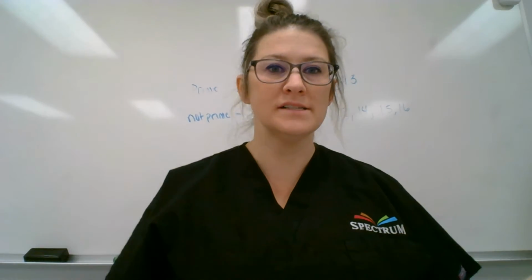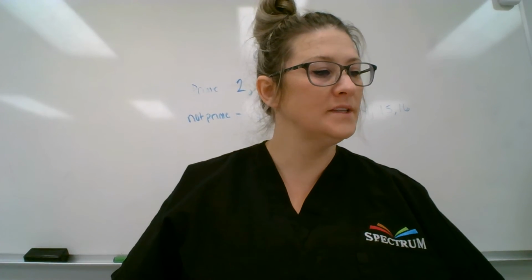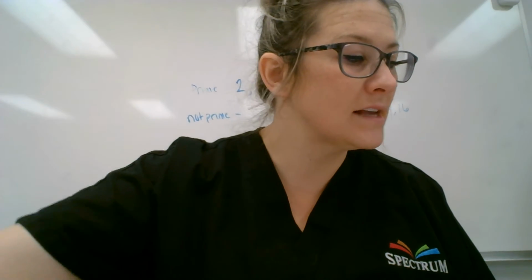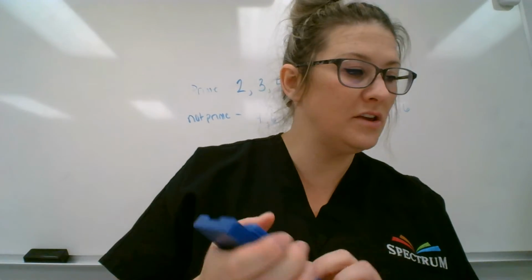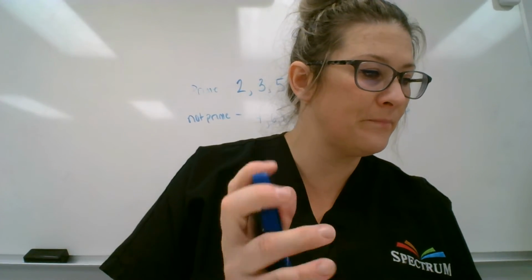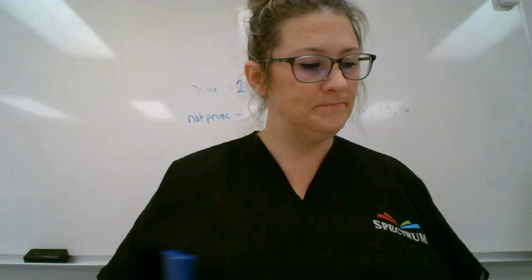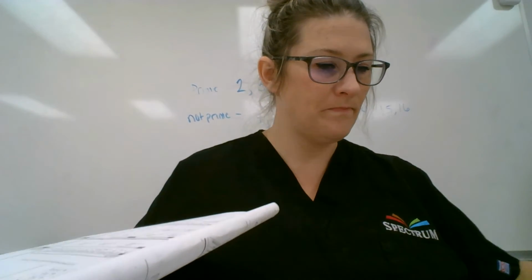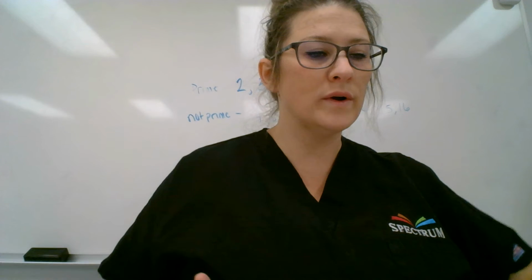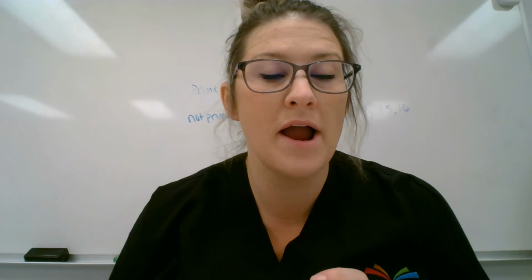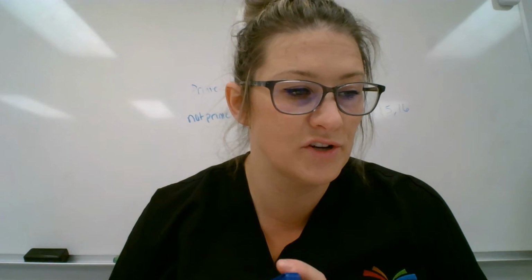We are going to jump over to your workbook page, lesson 21. All right. For this exercise, part 1, you're going to be using a calculator. You're going to test numbers to see if they are prime numbers. For each number, you'll use your calculator.